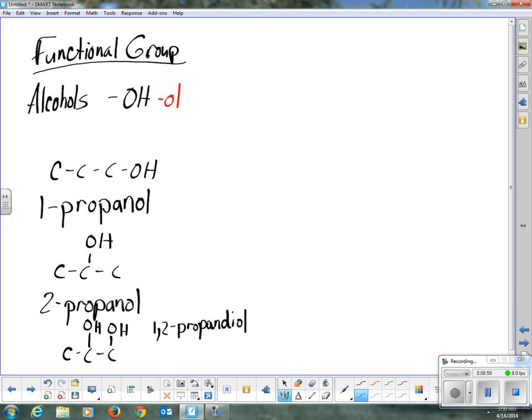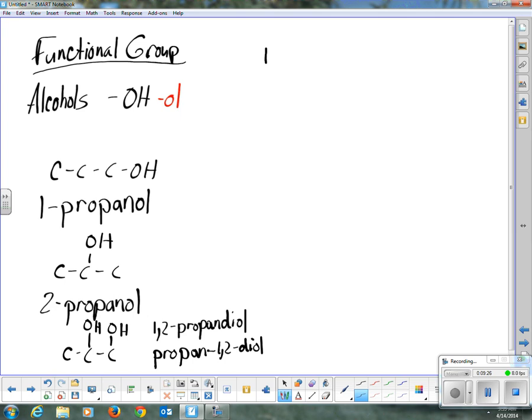Now, you got to be careful, because as we get more and more that change the ending, you could have several things on one thing. So when we have more than one thing that's changing the ending, we put it inside. So it becomes right before the change in ending. So we could go propan dash 1, 2 dash diol, like that. So if we have more than one ending, that's what we do. Either of those is acceptable if I only have one.